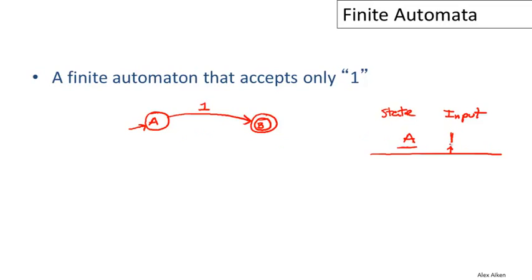We can see that we're in state A. The next input character is a 1, and that allows us to take a transition to state B. And so now we're in state B, and where's our input pointer? Well, it's beyond the end of the input, indicating we are at the end of the input. And so now we are in an accepting state, and we're past the end of the input, and so we accept.